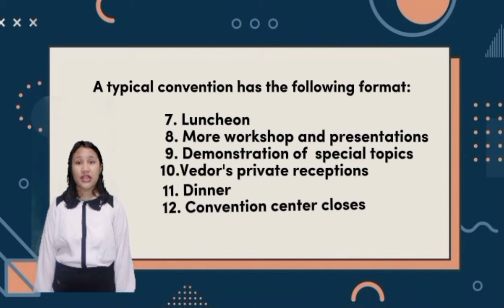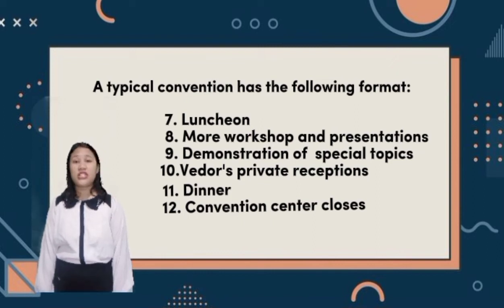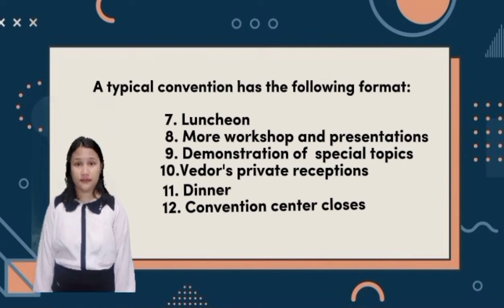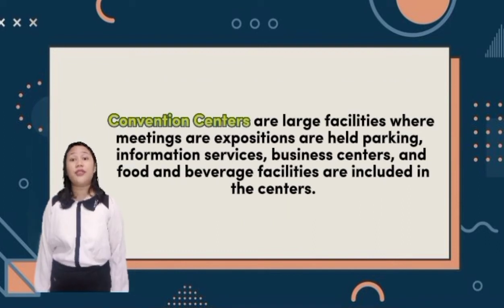Number 7, the luncheon. And number 8, more workshops and presentations. Number 9, the demonstration of special topics. Number 10 is the vendors' private reception. Number 11 is a dinner. Number 12, the convention center closes. A convention center is a large facility where meetings or expositions are held.